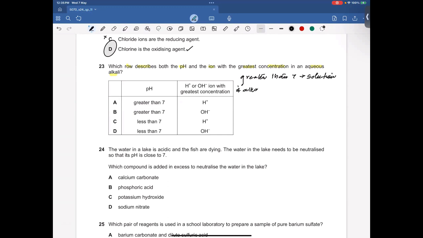When the solution is alkaline, the concentration of hydrogen ion is lower, concentration of OH negative ion is higher. So greater than 7, the concentration of hydroxide ion is greater. So right answer I believe is B.